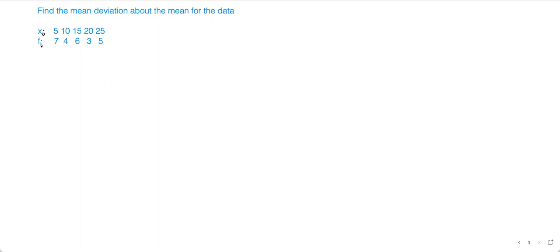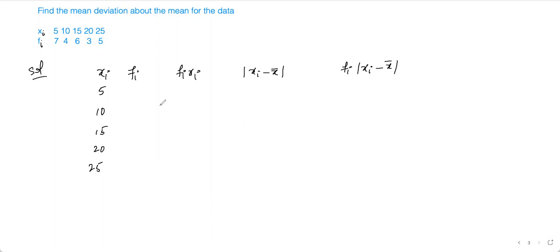The xi's are 5, 10, 15, 20, 25, and the fi's are 7, 4, 6, 3, and 5.